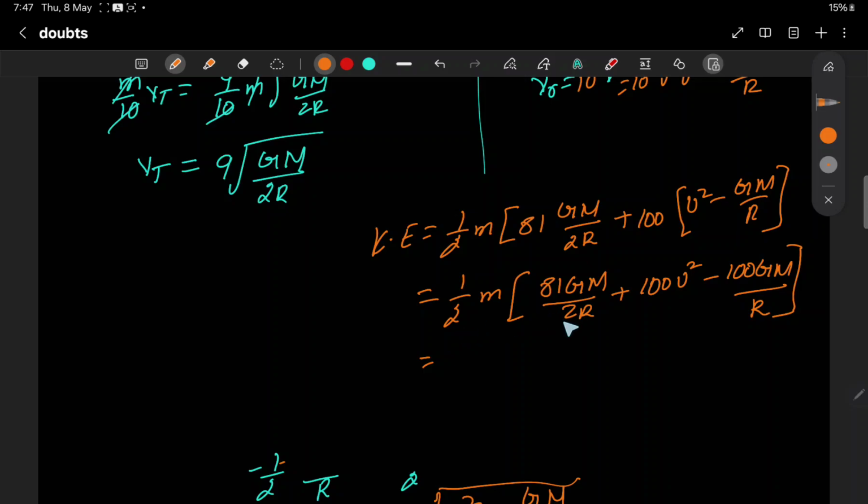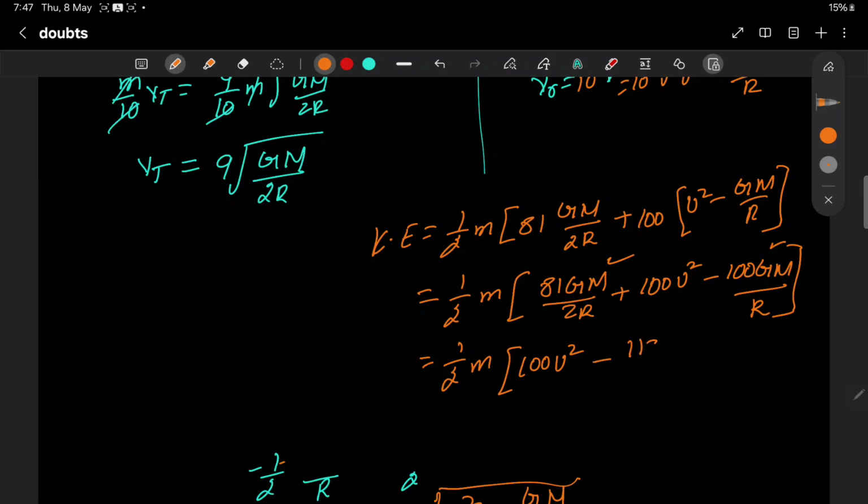I have 100 u square. First fix the GM by 2r terms. Inside 1 by 2 m, 100 u square, if you subtract this, the LCM will be 2r, so here 200 minus 81 gives 119.